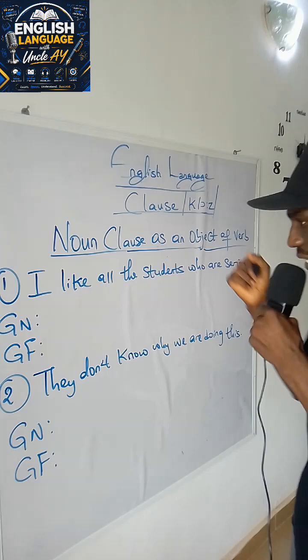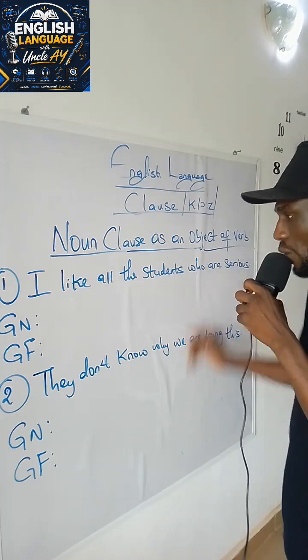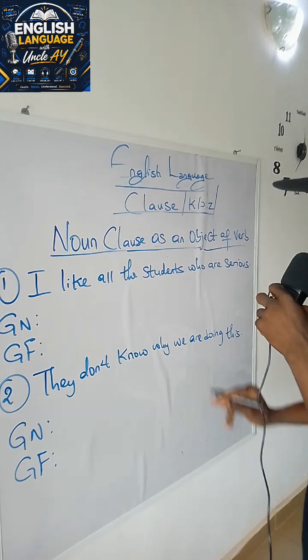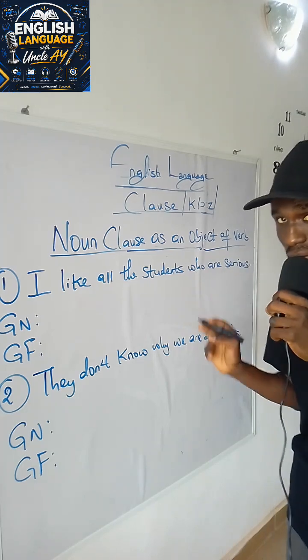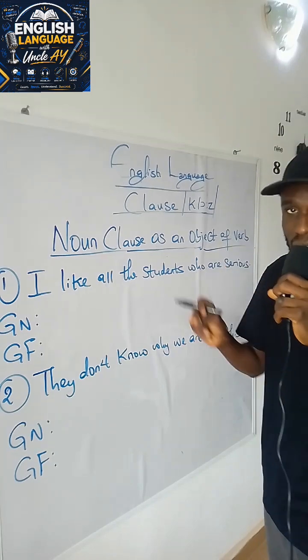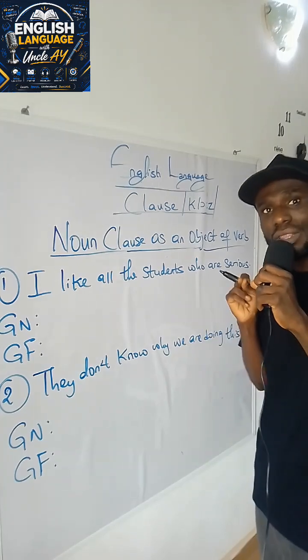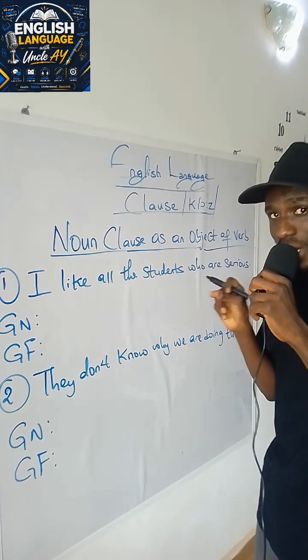So again, the question is, "I like all the students who are serious." So what is our noun clause here from the objective point of view? Let's not forget what a clause is, and what a subordinate clause is. A clause is a group of words that contains a finite verb, and because it contains a finite verb, it may or may not make a complete sense, idea, thought, or expression.